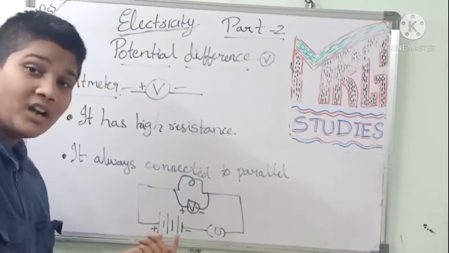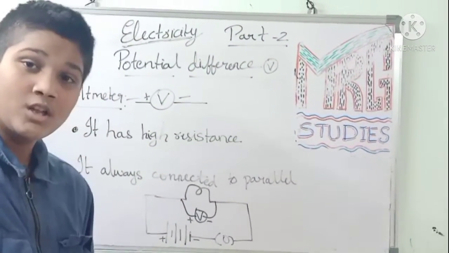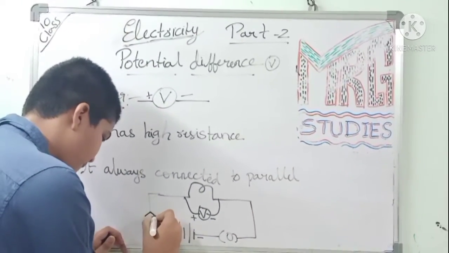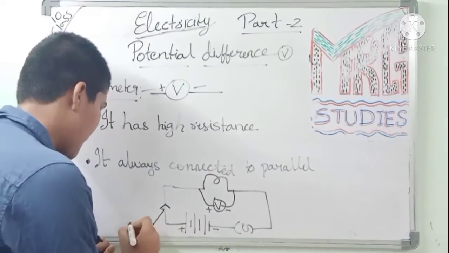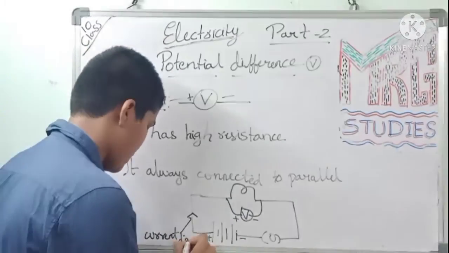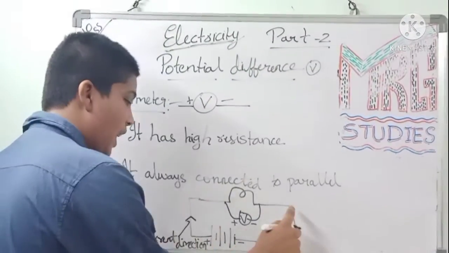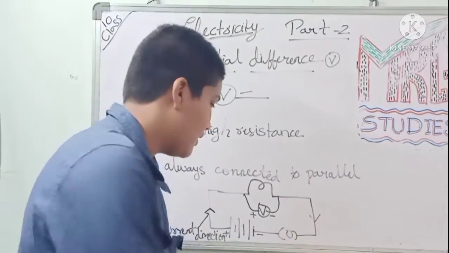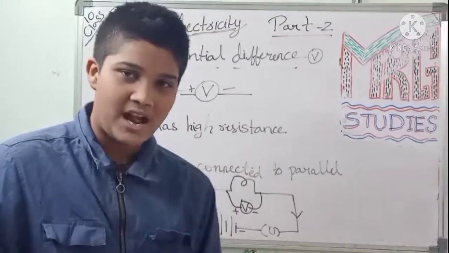Here in the battery, what is higher potential? Plus, and this is lower potential. So the current direction will be from this side, from higher potential. This is the current direction, I kept an arrow here. So from higher potential to lower potential the current will travel.